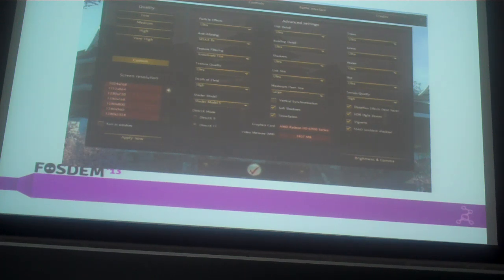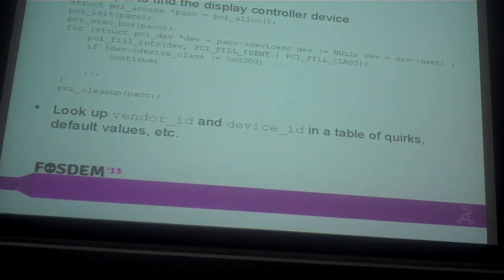So there's a couple different phases of detection that you can do. The first is just figuring out what GPU you're on. Currently, the only way to do this on Linux is to use libpci or something similar.